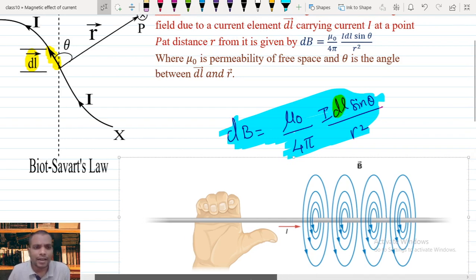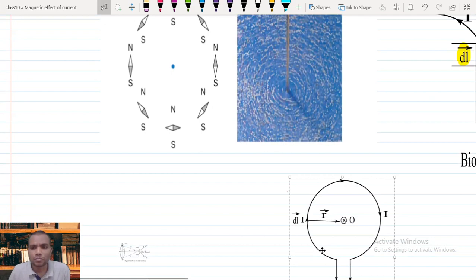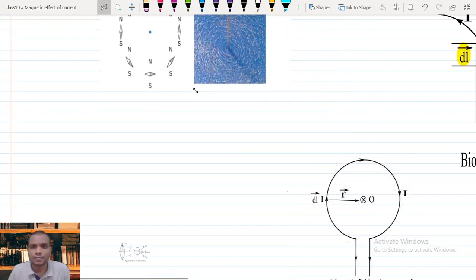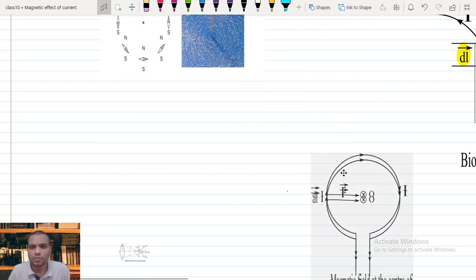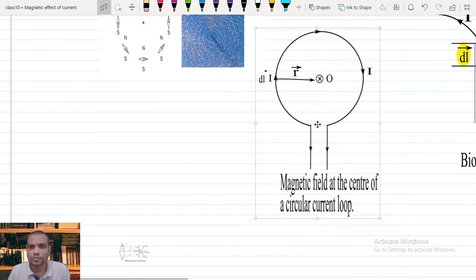Later I applied Biot-Savart's law to find the magnetic field of a current carrying loop. So we got an expression for the magnetic field due to a current carrying loop.